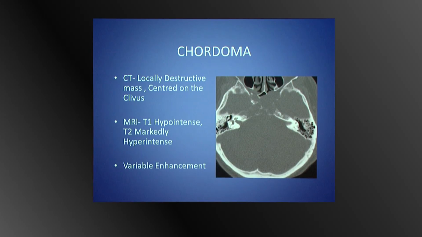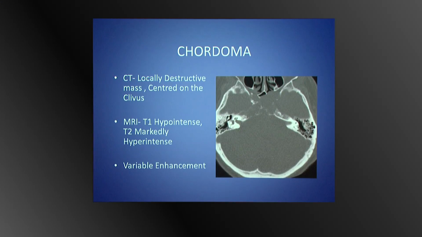CT, a bit non-specific, locally destructive, centered on the clivus. And if you look at that lesion, you've got a lesion centered on the clivus. It's impossible on that to say, is it, could it be metastatic? Could it be lymphoma? Could be any of those things. But the position is really what starts to give us a clue as to what it is. These are also markedly hyperintense, in fact, more so than any of the other lesions here. But it's hard to say what's bright and what's very bright. But at least we know they're bright on T2. And then they have variable enhancement, less so than the chondroid lesions.